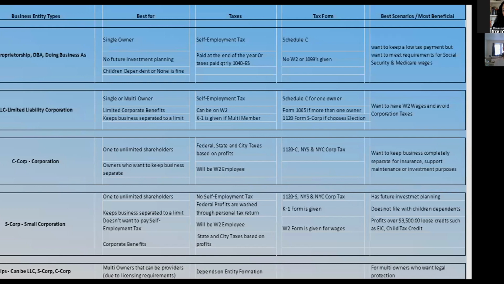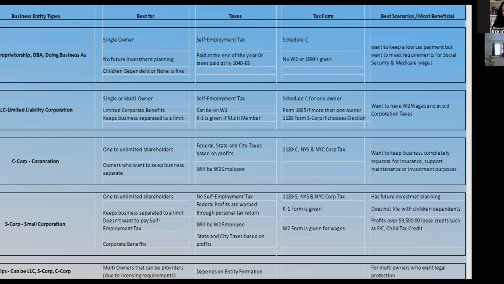An S Corp is also a corporation. Now, the only difference is that an S Corp plays a role as an LLC or a partnership, a 1065, where at the end of the year, the profit is given to you in a K-1. The only difference is that an S Corp does not pay self-employment tax, only pays income tax.